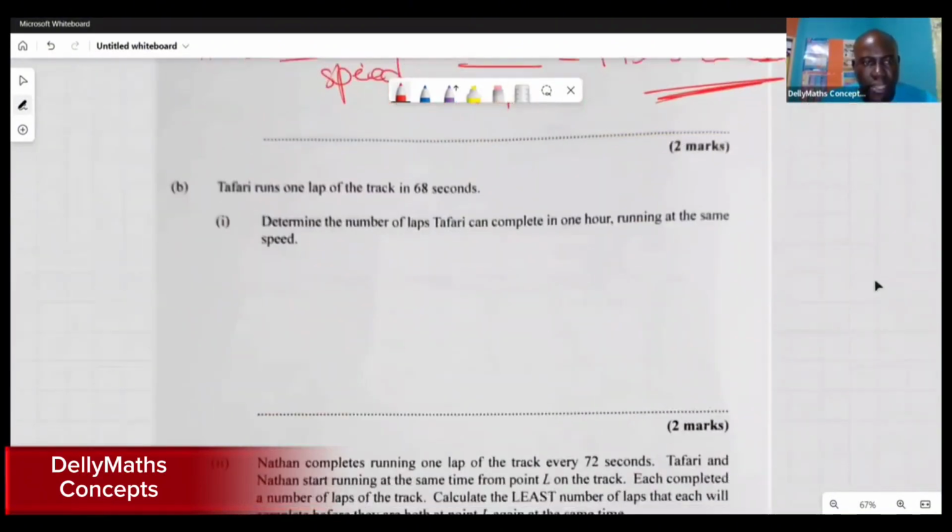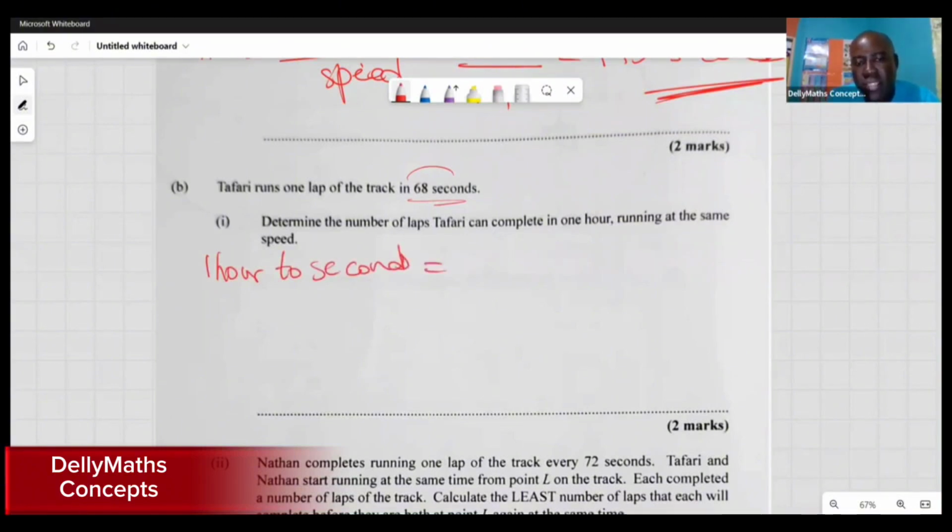All right, B part. Tafari runs 1 lap of the track in 68 seconds. Determine the number of laps Tafari can complete in 1 hour running at the same speed. First, you want to convert 1 hour to seconds because he's running in seconds.